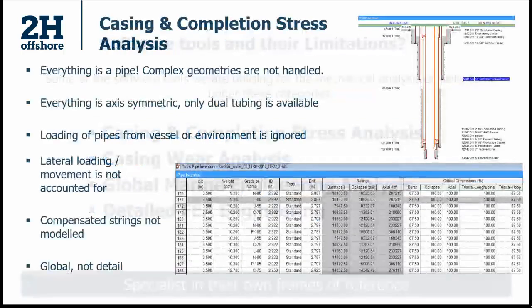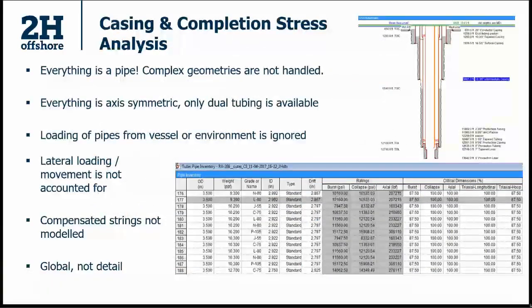So looking at the casing and completion stress analysis tools, Wellcat is the one we use, mostly because of its thermal engine. It's a very competent thermal engine, but it has its limitations. Firstly, everything's a pipe.